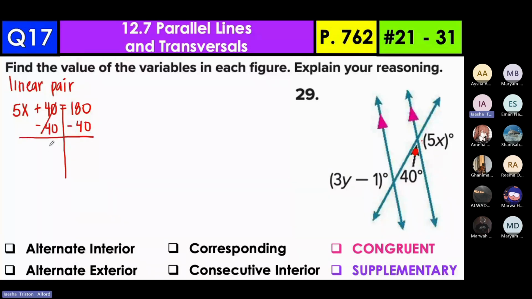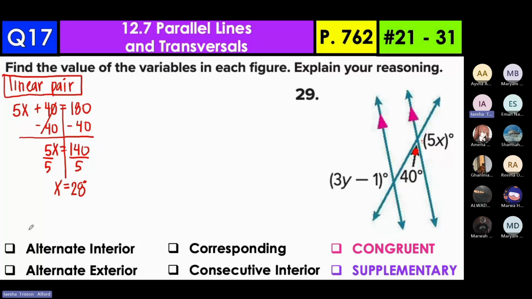This is 0. 5x is equal to 140. Divide by 5. x is 28. So the first thing you're going to write is the name, linear pair. Write the equation and solve.